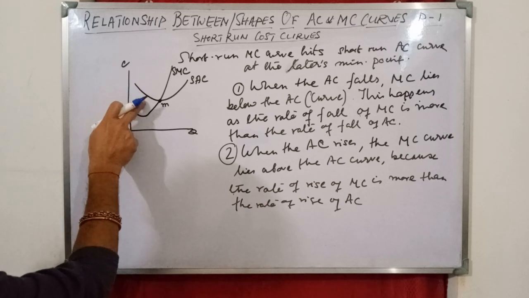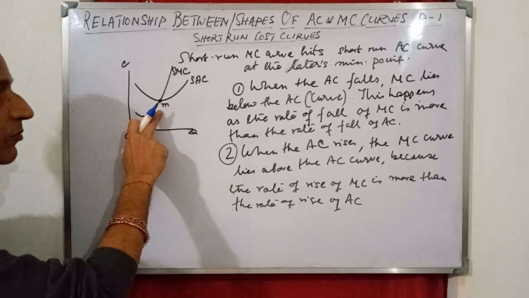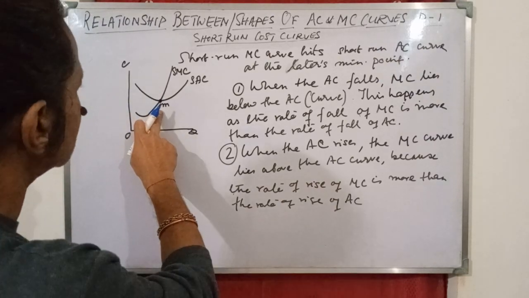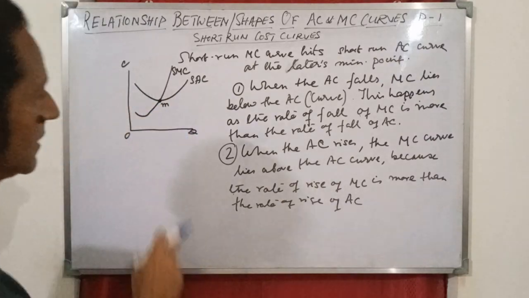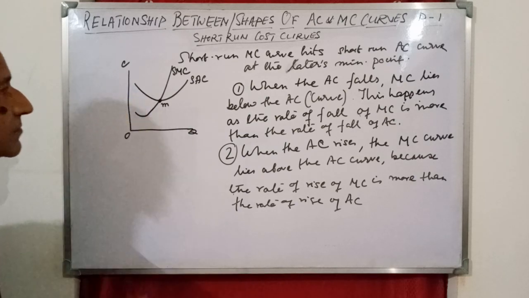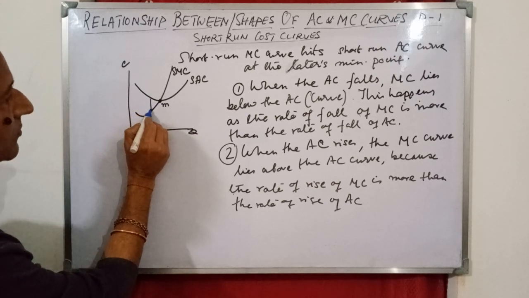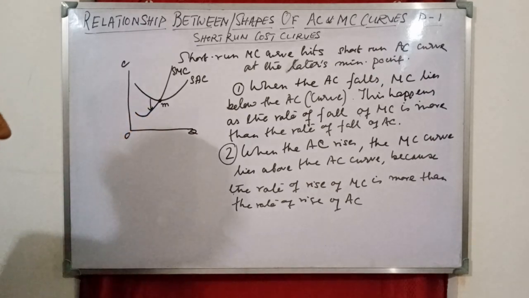When AC is falling up till point M, M is the minimum point of the short run average cost curve, that is SAC, and up till this point SAC is falling, and you see the marginal cost lies below the average cost curve.